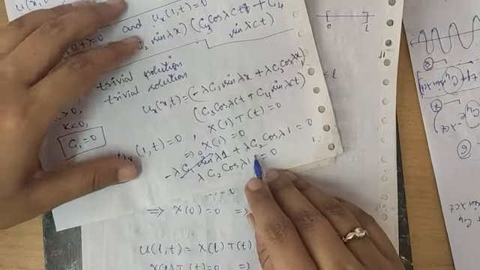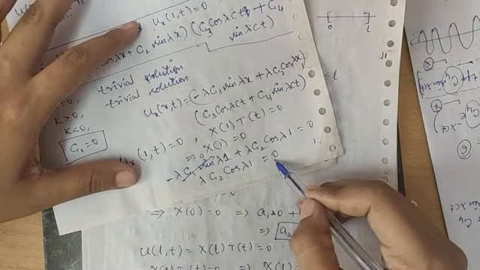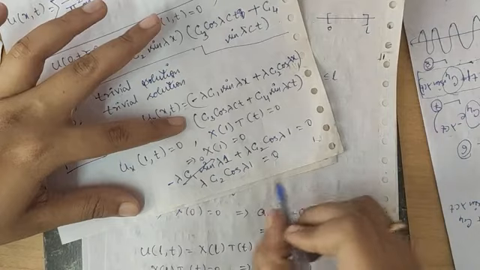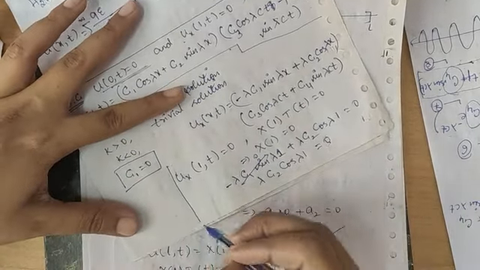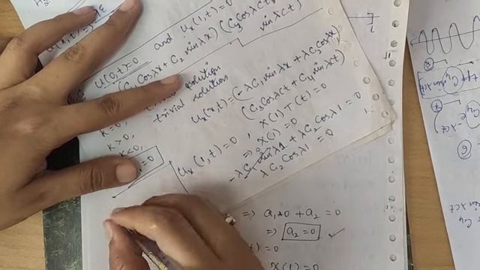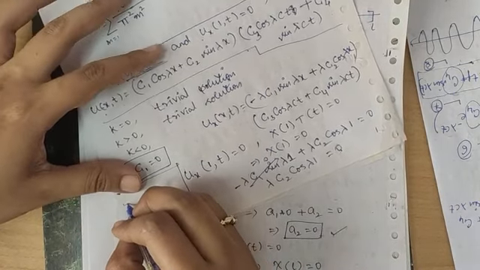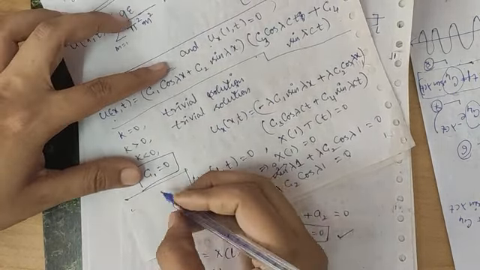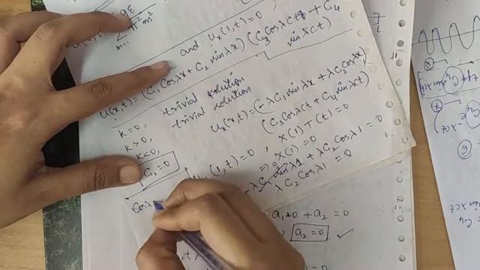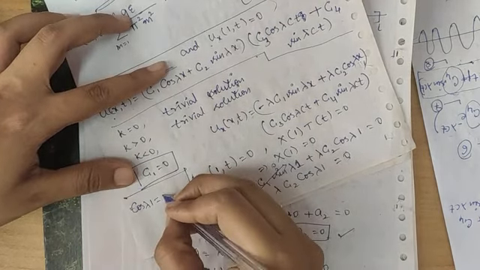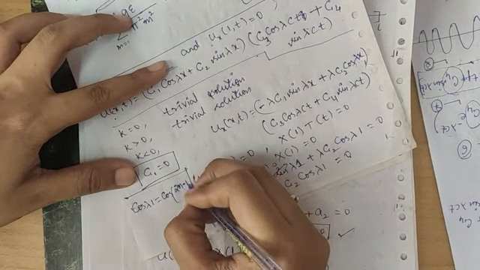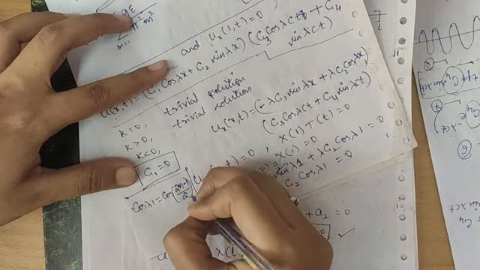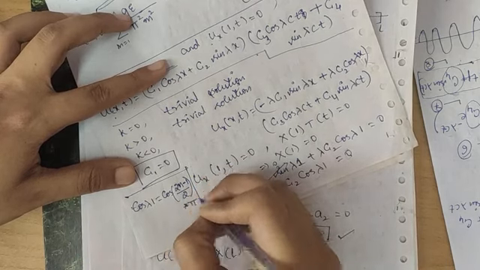Now you have to choose the value when cos of what term you will get 0. So for that I will write it as cos lambda 1 is equal to cos of (2n minus 1) by 2 into pi.